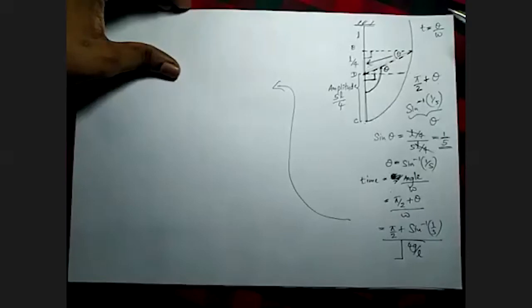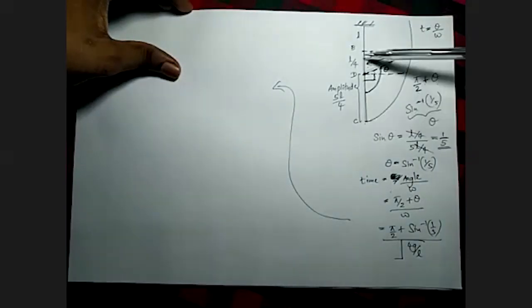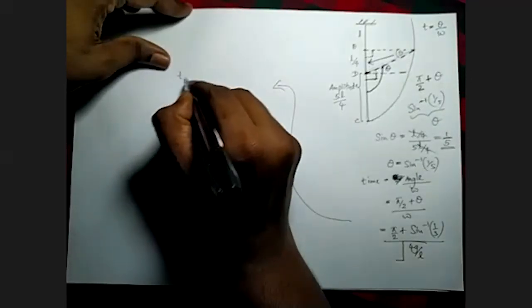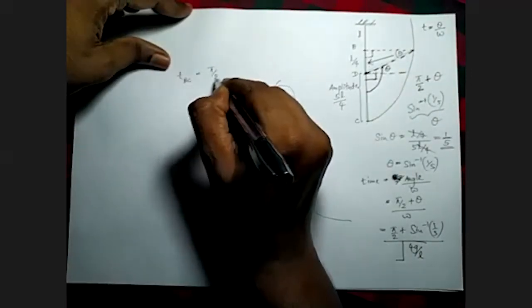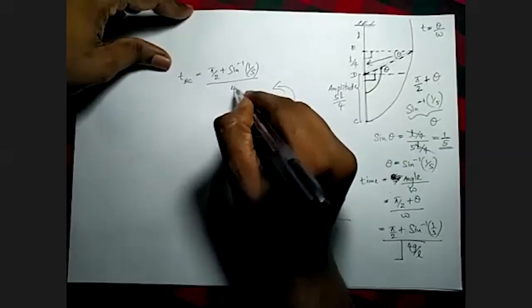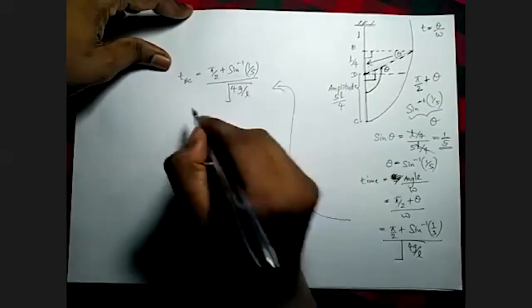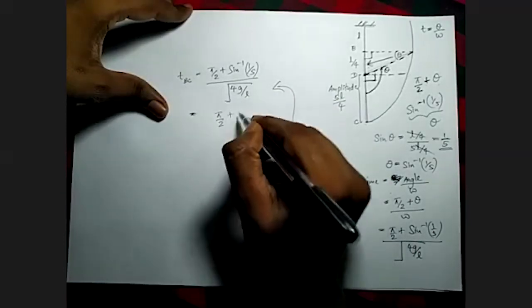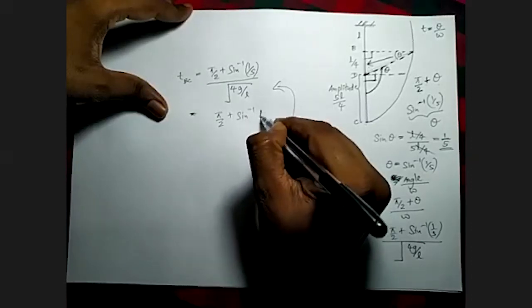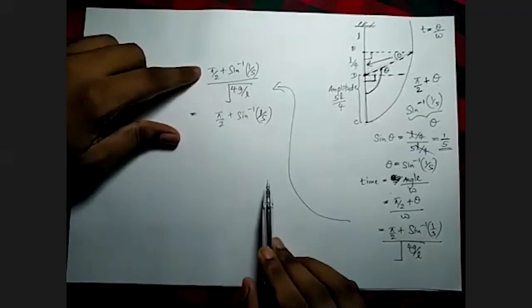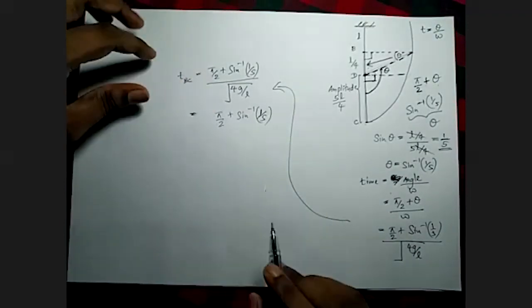Therefore, the time taken by the particle to move from B to C is the angle covered, 90 plus sin inverse 1 over 5, divided by omega, square root of 4g over L. Now I have to take this denominator to the numerator. So when I take this fraction to the numerator, we have to consider its reciprocal.